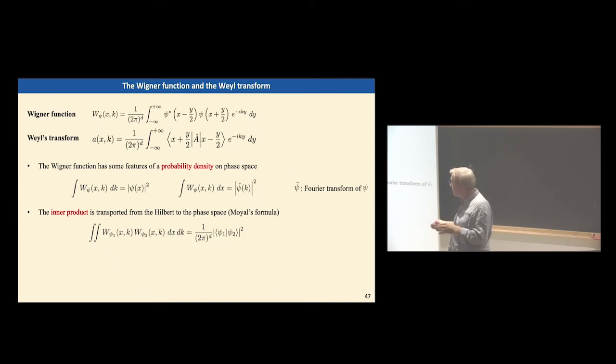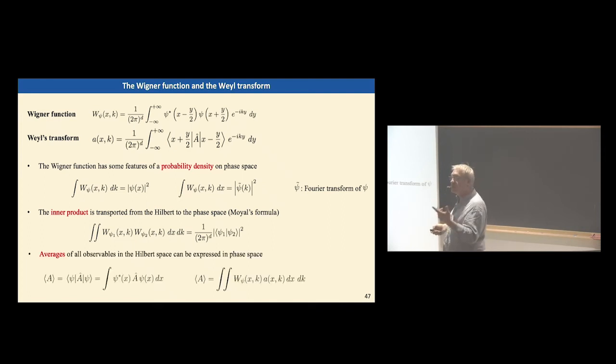If you take psi2 to be a Gaussian of size 1, it's going to be in phase space either elongated in the k direction, or elongated in the x direction, or something more isotropic. Whatever you put against the Wigner function of your function psi1, it gives something positive. That means that at the size 1 in phase space, the Wigner function gives a positive contribution. So it can have negative excursions, but not too much.